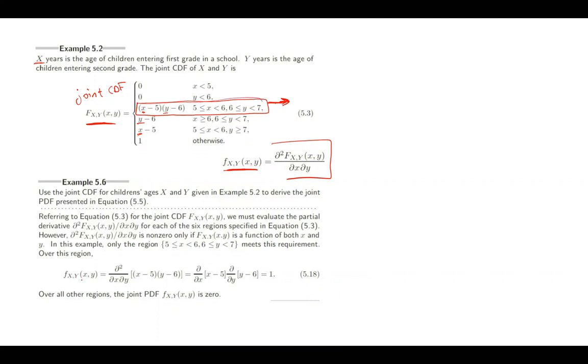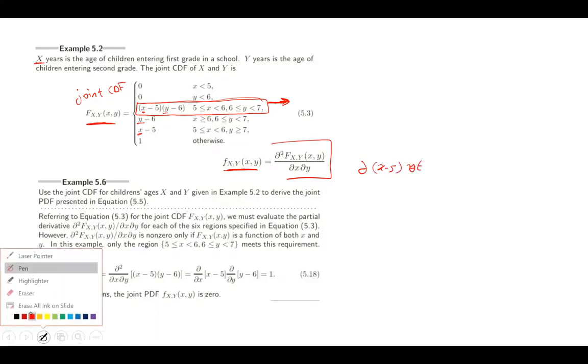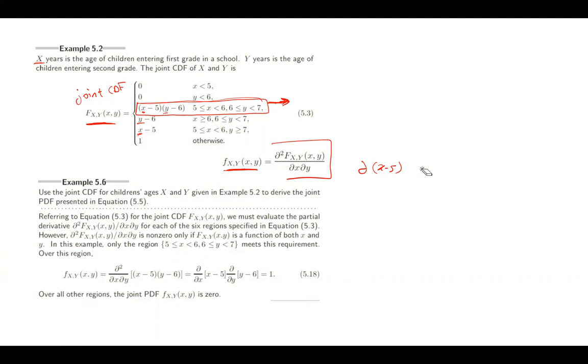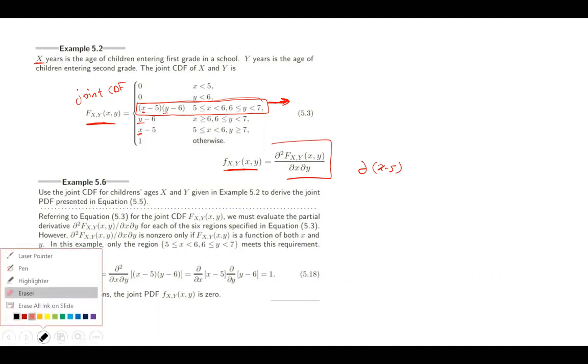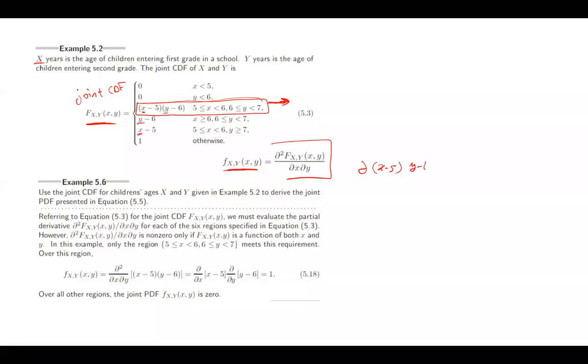Okay, and we can take the derivative of x minus 5 times y minus 6 with respect to X and Y. So we take the derivative of this with respect to X, and then this with respect to Y. Both will give us 1.